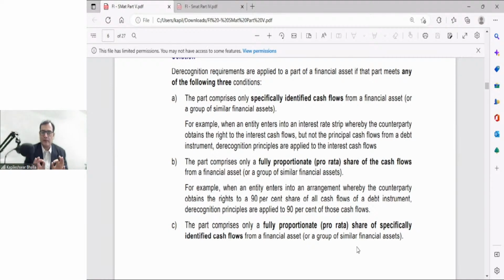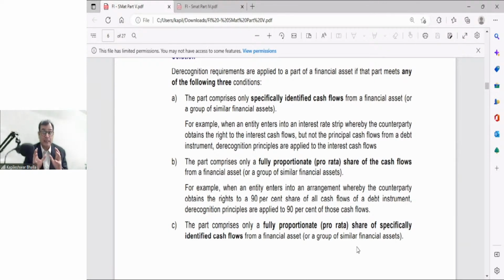Now, let's look at clause B. The part comprises only a fully proportionate share of the cash flows. The language is very interesting: fully proportionate share of the cash flows. For example, when an entity enters into an arrangement where the counterparty obtains 90% of all the cash flows, that means principal as well as the interest, but it is 90%.